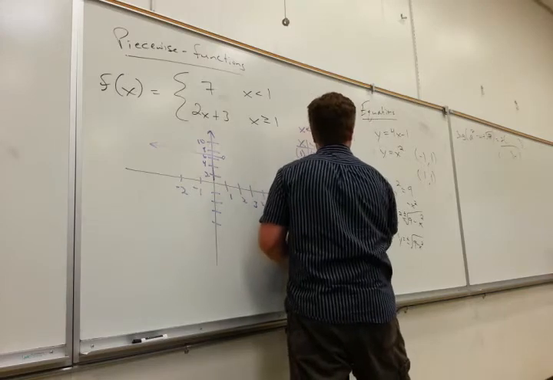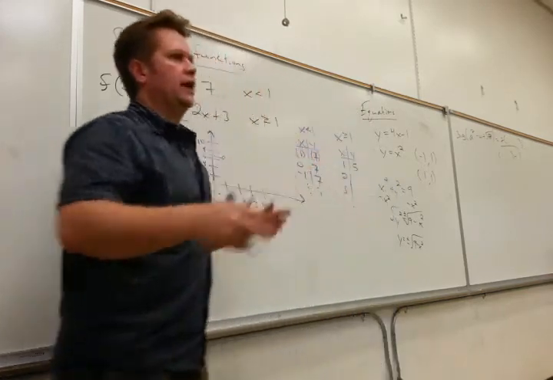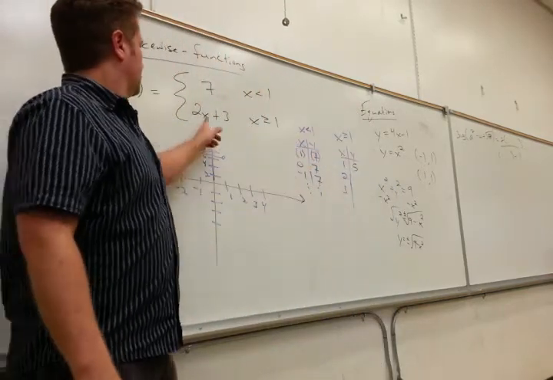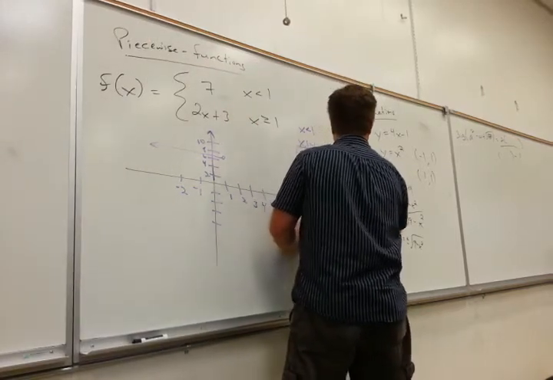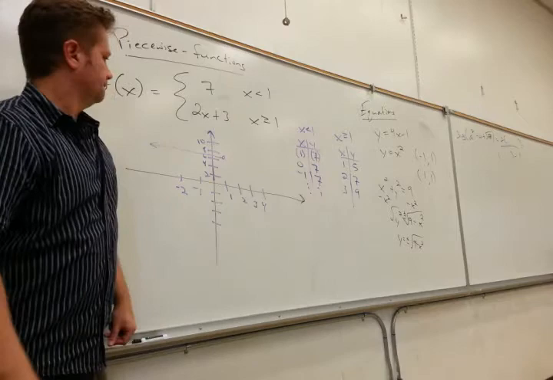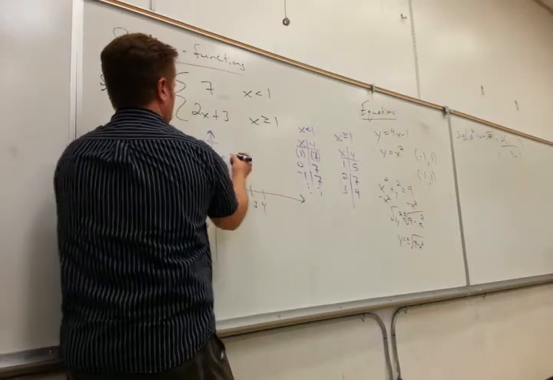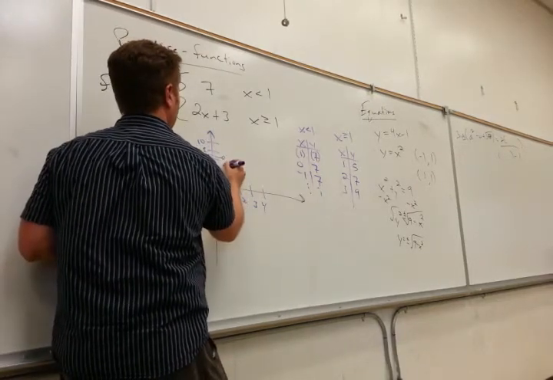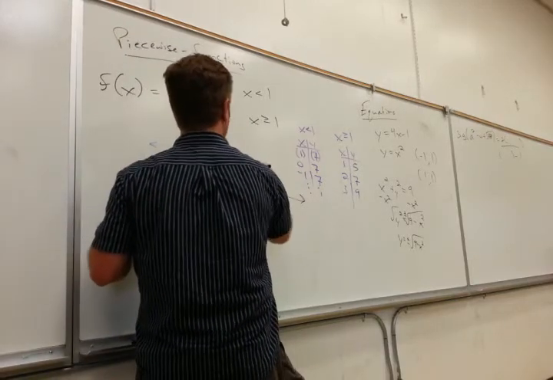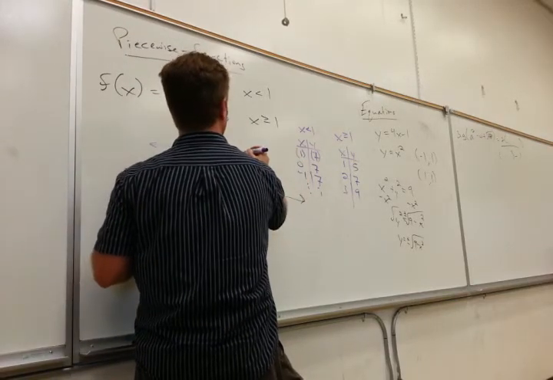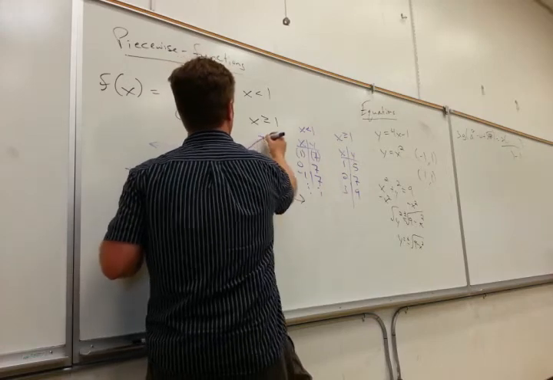It's going to be a straight line after that. At 2, I get 7. At 3, I get 9. So at 1, this wants to be at 5. At 2, it's at 7. At 3, it's at 9. And so forth, right.